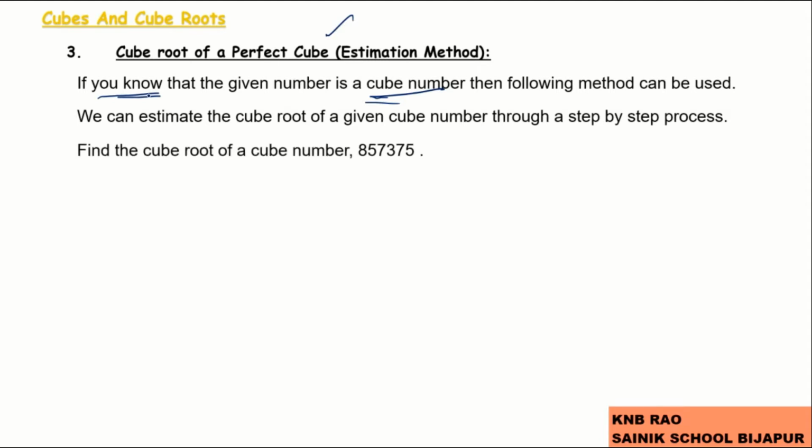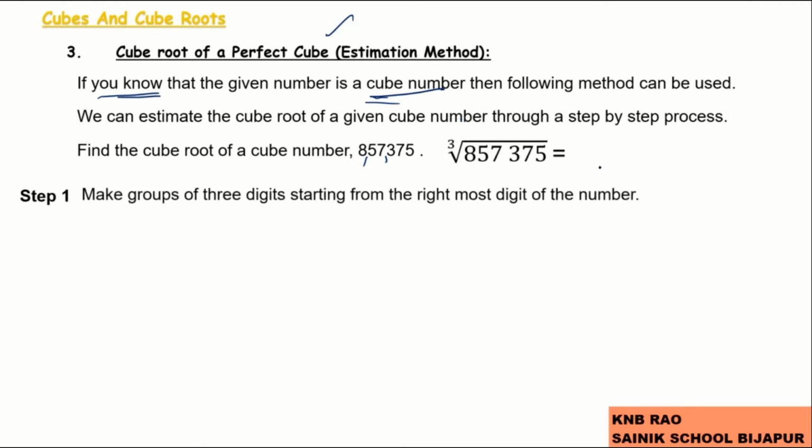For example, find the cube root of the cube number 8,57,375. It's a perfect cube. Suppose you want to find out the cube root of this. Step 1: you need to make a group of 3 digits starting from the rightmost digit.